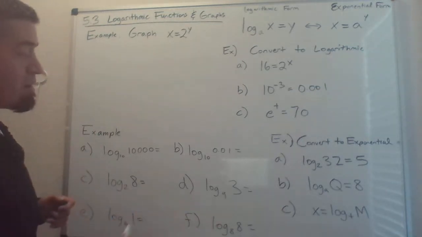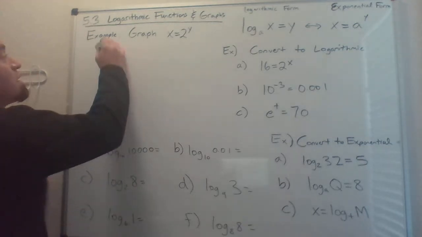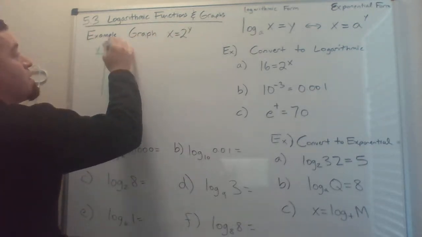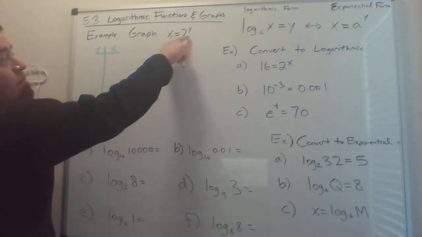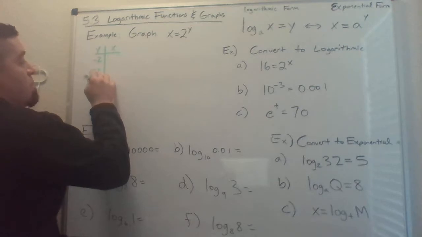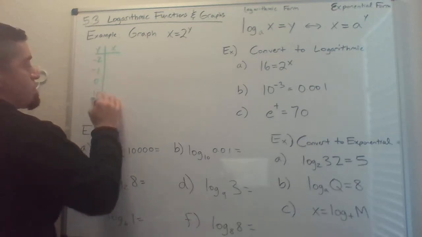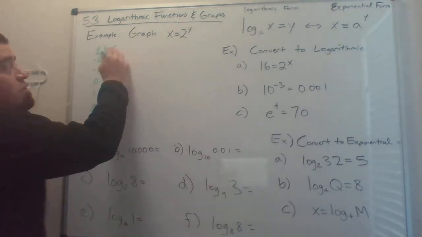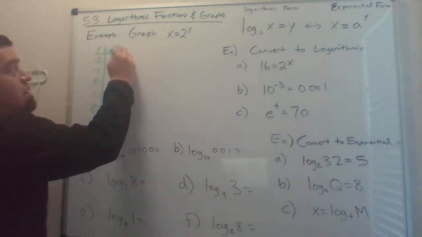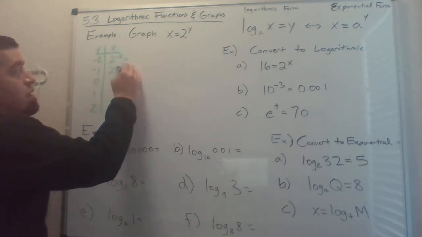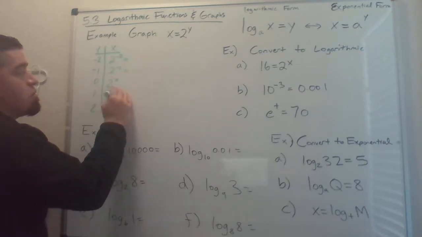So how do I graph anything? We input values. But in this case, we're going to want to input y's, because y is up there in the exponential. So I'm going to use my go-to points, -2, -1, 0, 1, and 2, and we'll just substitute them in for y: 2 to the -2, 2 to the -1, 2 to the 0, 2 to the 1, 2 to the 2.